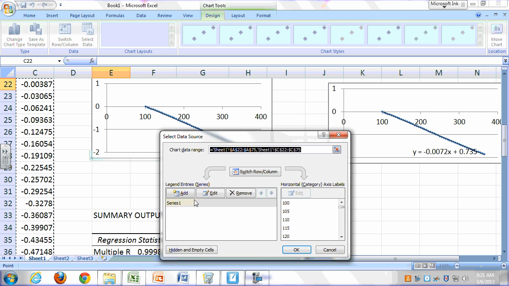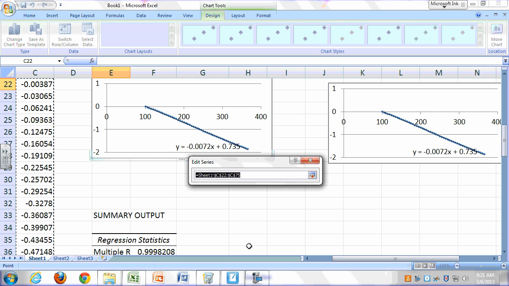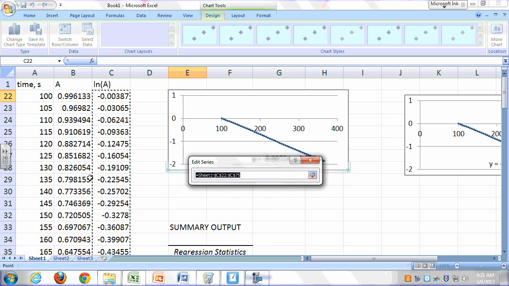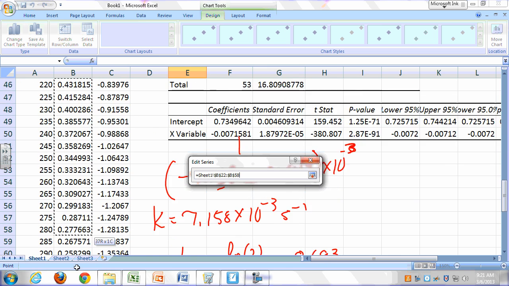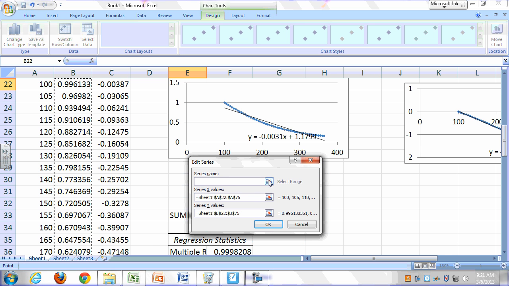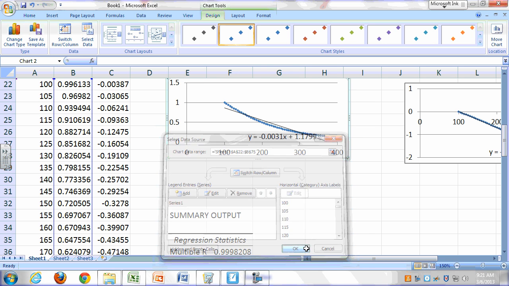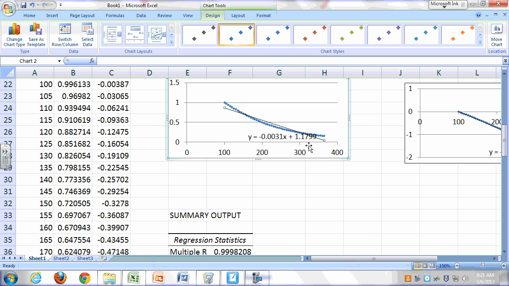This time I'm just going to plot absorbance versus time, okay? Oops. What did I do? Oh, I left the trend line there. Okay. So you can see it's not a straight line. So I'm just going to take out that trend line. Okay.